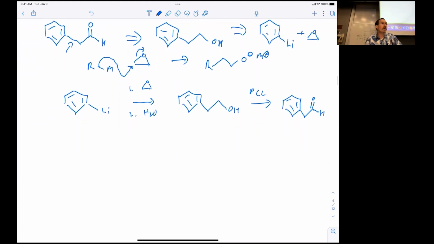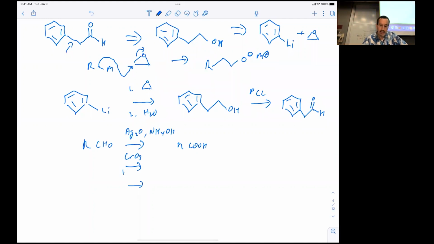In your textbook, you're going to learn about various other reactions. For example, you'll learn about very mild oxidizing agents to oxidize aldehydes to carboxylic acids, for example, silver oxide in aqueous ammonia. And of course, you could also use many other oxidizing agents to do this. You could use potassium dichromate or chromium trioxide in water and sulfuric acid.